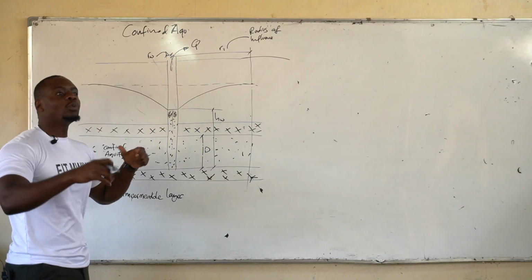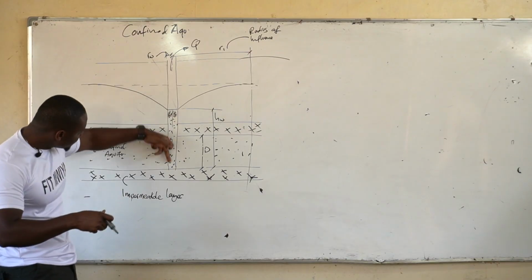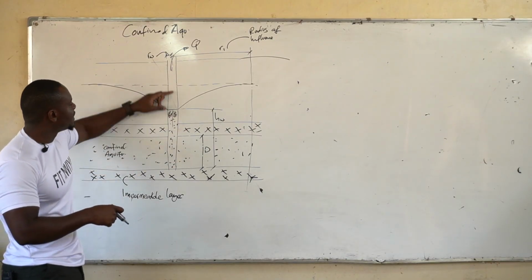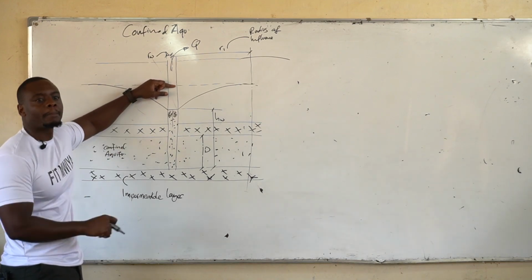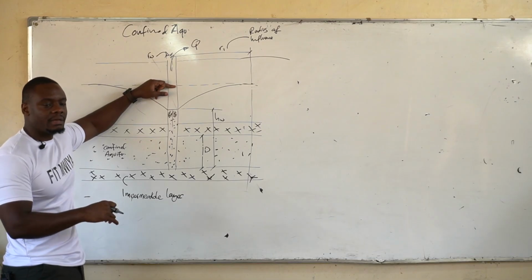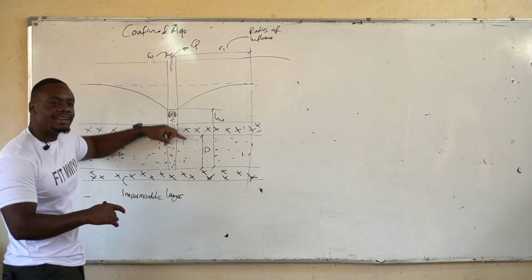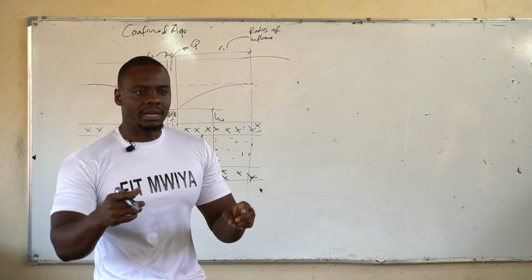But the worst case scenario, in a confined aquifer, when you punch through the confined aquifer, water will begin to rise and it will get to the water table of that very stratum. So that's the science behind that. Of course, it won't drop as fast as the unconfined. It makes sense, right? Yes.